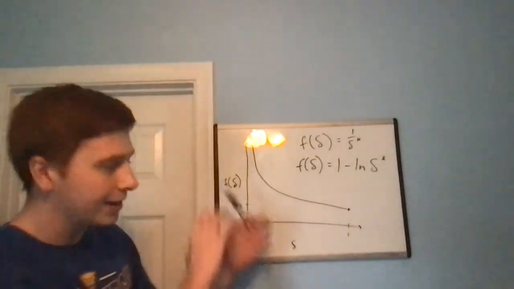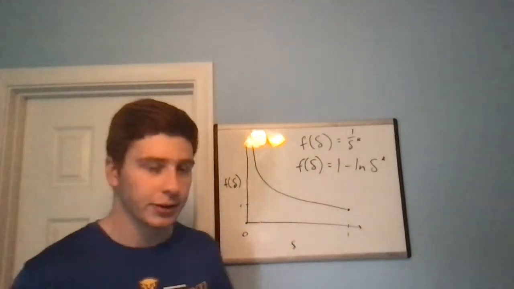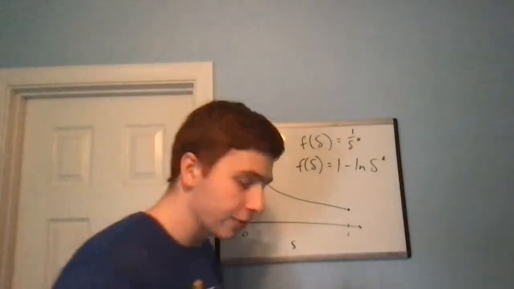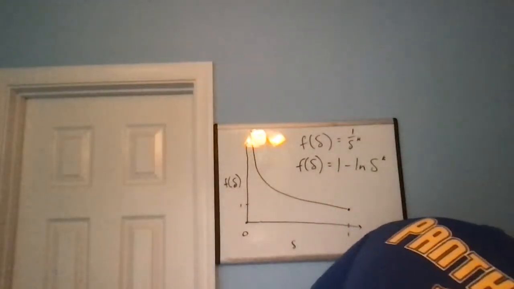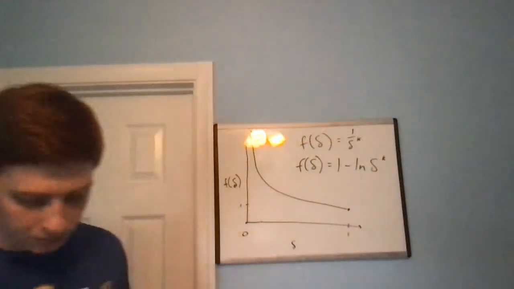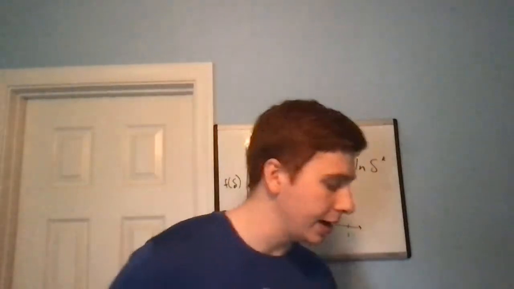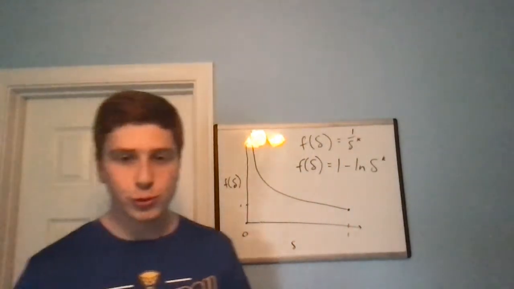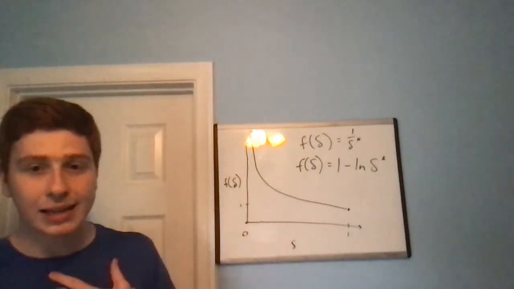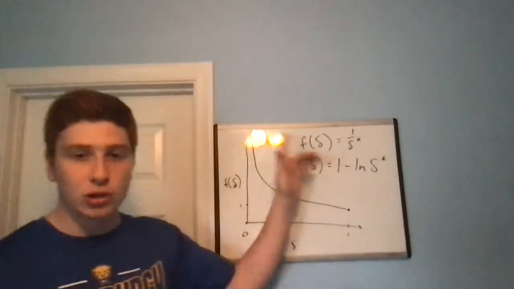All we're doing here is getting an idea of what we think this function will look like, so we know what to look for once we get there. What I realized was there's really not any other choice, or at least I can't think of any other choice that doesn't look something like this.